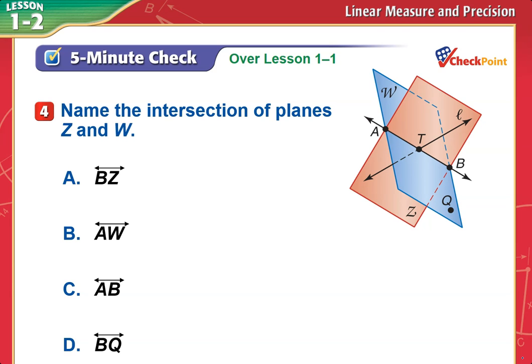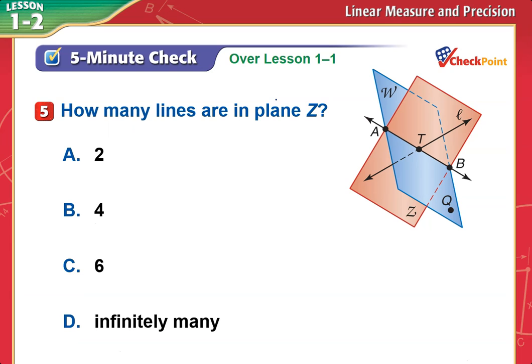Name the intersection of planes Z and W. So we have our Z plane being the red plane, and our blue plane, along with this dashed line here, you can see. So it looks like they are intersecting at the line AB.